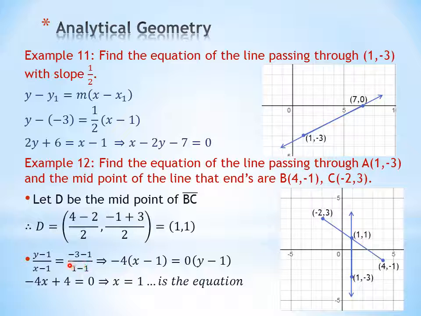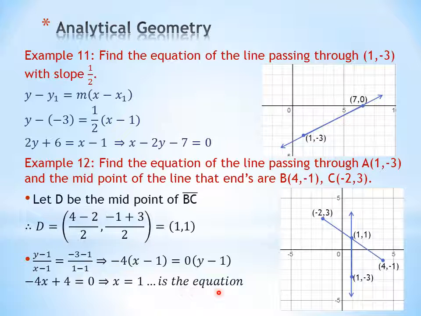Take care that this is 0 multiplied by y minus 1, and negative 4 multiplied by x minus 1. This side is all going to be 0, and negative 4 is entered into the parentheses: negative 4x plus 4. Transfer 4, it's going to be negative 4. Divide both sides by negative 4, then x equals 1.